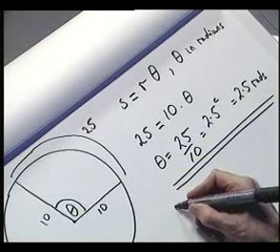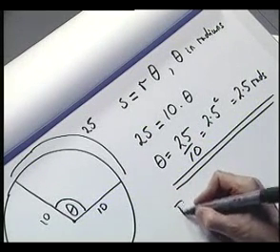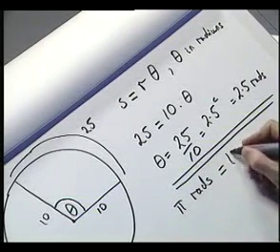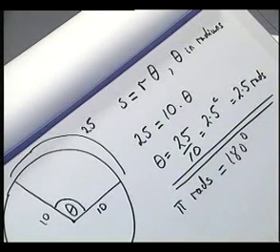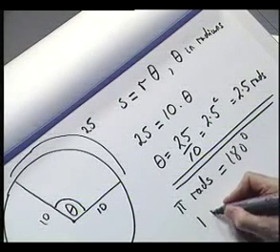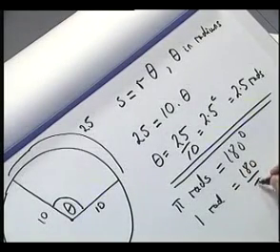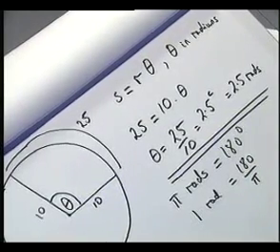Now let's remember that we had pi radians was 180 degrees. So 1 radian was 180 divided by pi degrees.